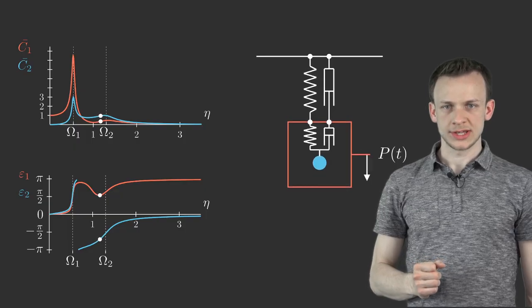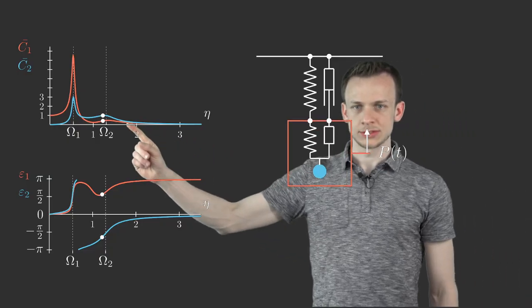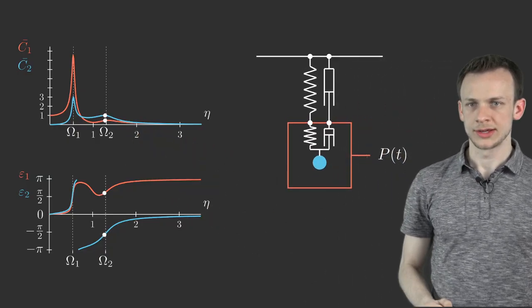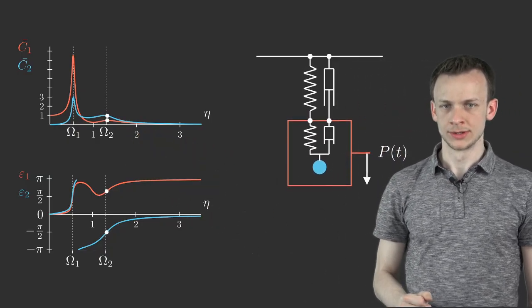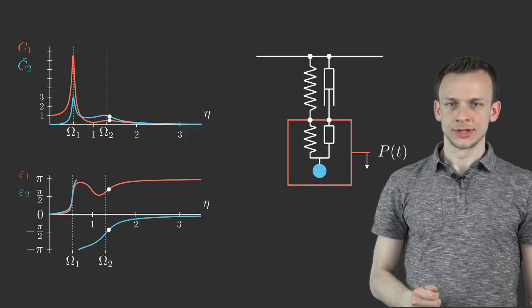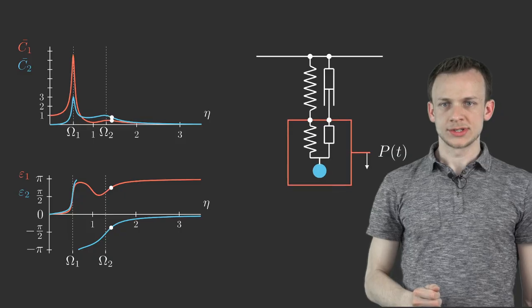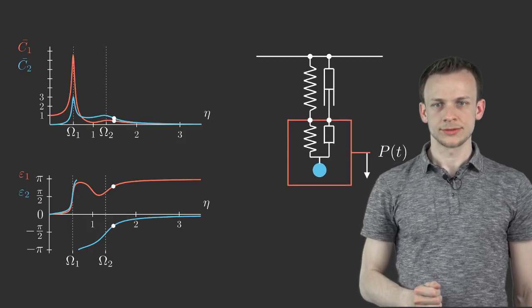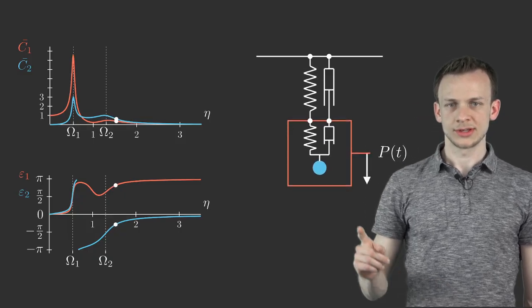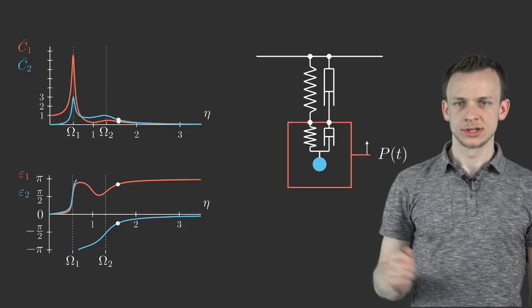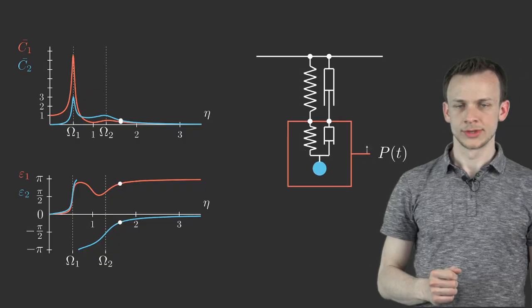Then we approach the second resonant frequency, where the amplitudes become higher again, not so high as for the first one. And if we increase the frequency even further, we see that the amplitudes of both bodies slowly become smaller.